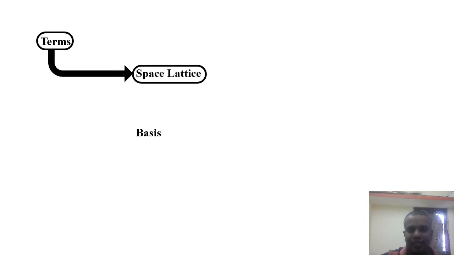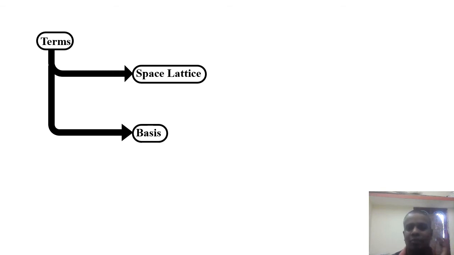The first term involved in the single crystalline solid is the space lattice. Space means the space we actually live in, and that space is occupied by points, which we are going to discuss. The next term is the basis.